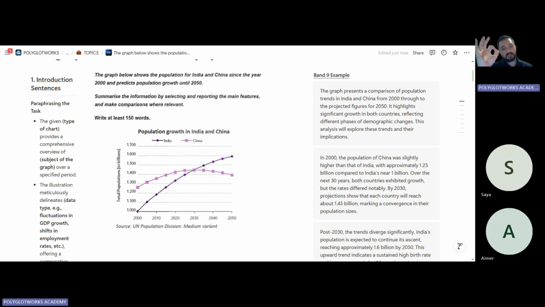And by 2025, its population had reached, past perfect tense, had reached slightly above, higher than, above 1.4 billion, nearly matching China's. So this is how I compare between these two.